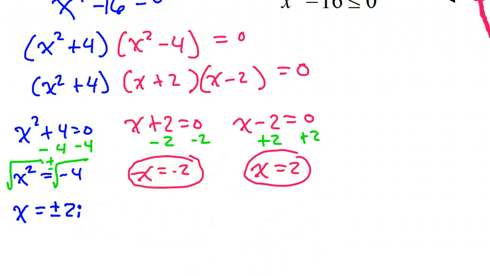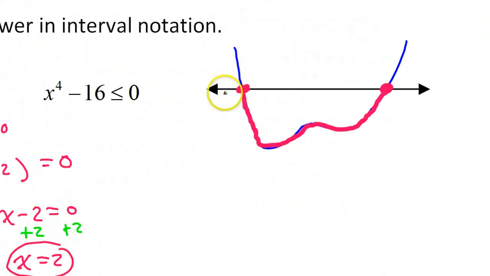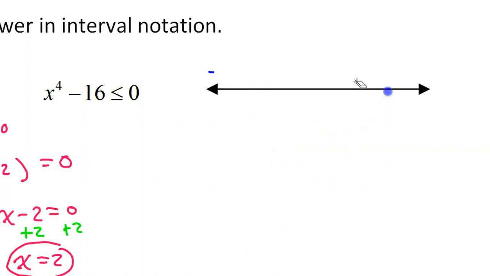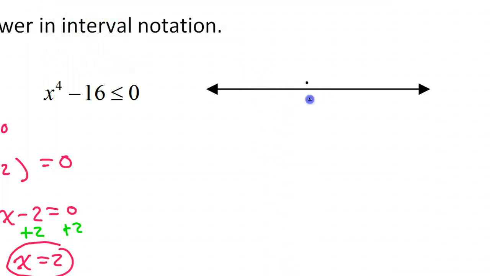So as we look at our graph, here's a sketch of what we were seeing on the graphing calculator. And here we had our two zeros of -2. Let me just redraw it real quick. So we just have the two x-intercepts, the two zeros. I always include 0 in my graphs.